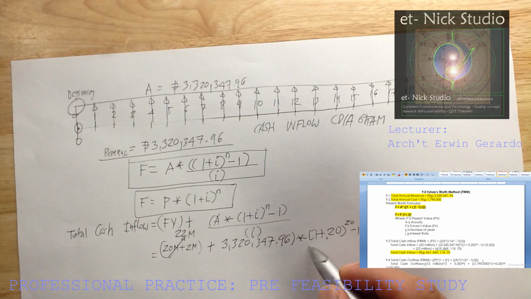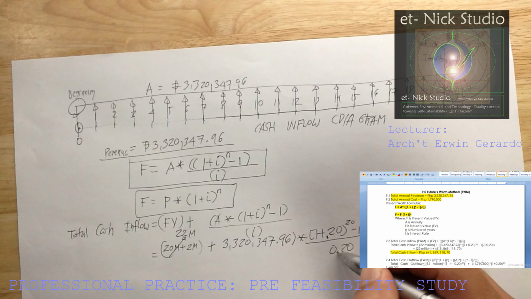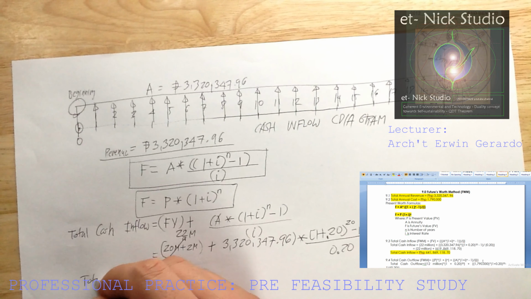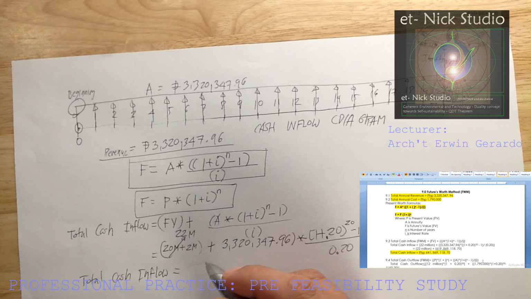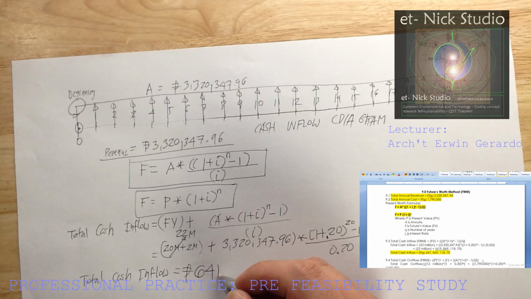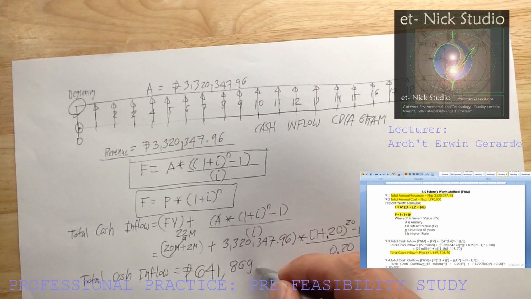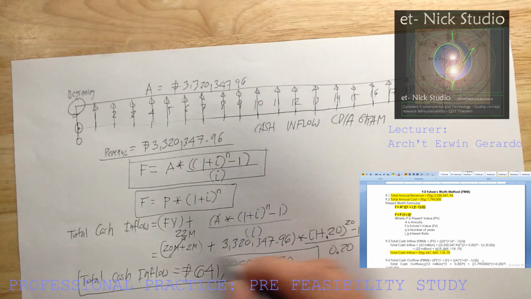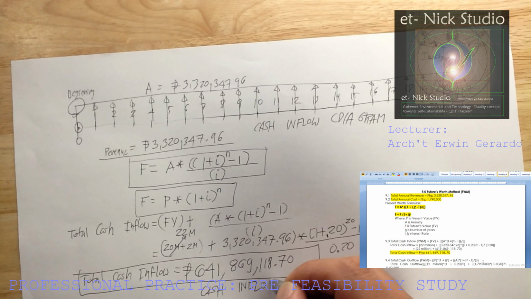Then you need to divide this by the interest, which is equivalent to 0.20. So we already have here the total cash inflow, which is actually equivalent to 6,869,118.70 pesos. This is already the total cash inflow.